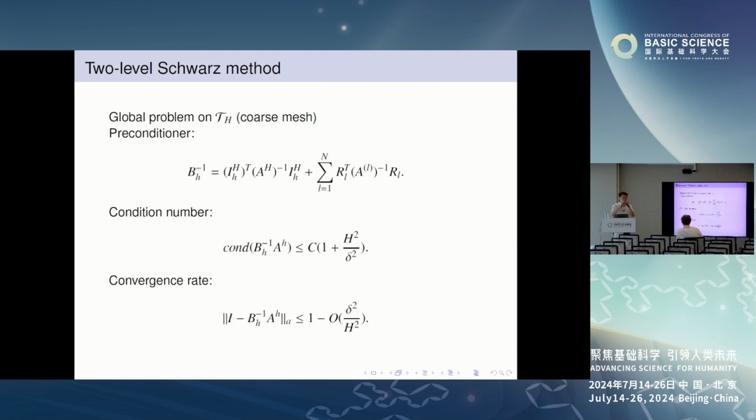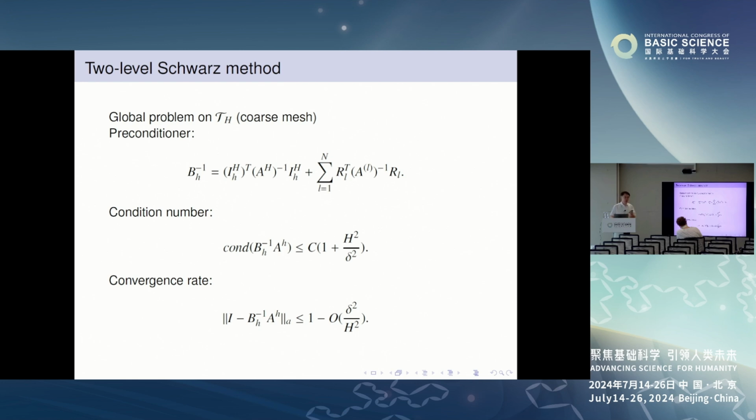So if you just use one layer, delta equals small h. So here it is small h squared over capital H squared. This is not a good result because for the original one, it's just 1 over h squared. So you don't improve too much if you just look at these formulations.